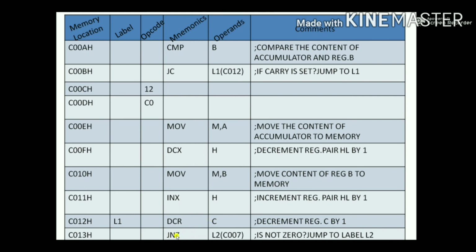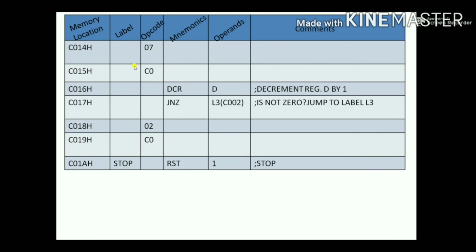And then JNZ L2 means we have to jump to label L2, which is at the instruction MOV A, M, at the address C007. So again it needs three memory locations. One is for JNZ and the other two are for the memory address, that is 07 and C0. Then DCR D, again a 1-byte instruction.